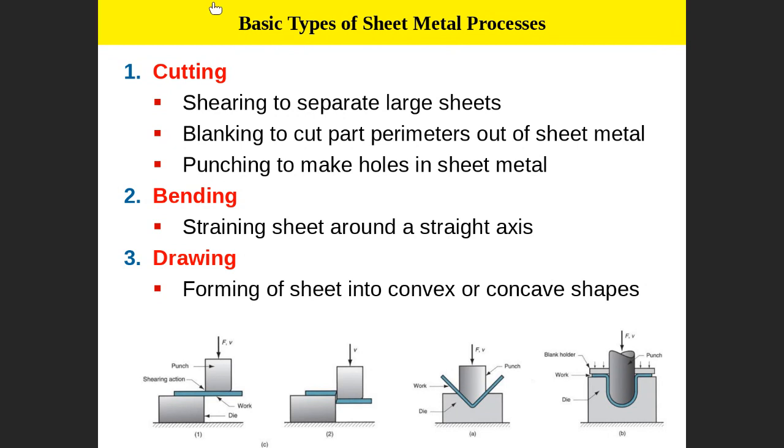For example, let me tell you, initially we have a sheet of this size. This one comes from rolling. But I don't want this size. I need to cut this sheet like this to be used in metal forming. So for example, I need to do this cut, this cut, then this cut, and then probably this cut.